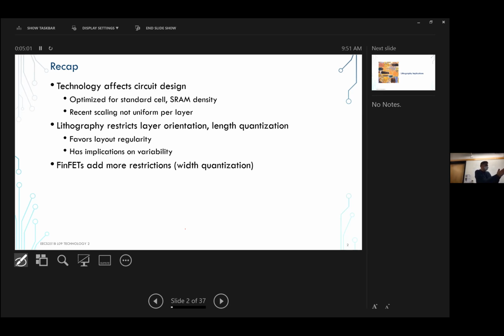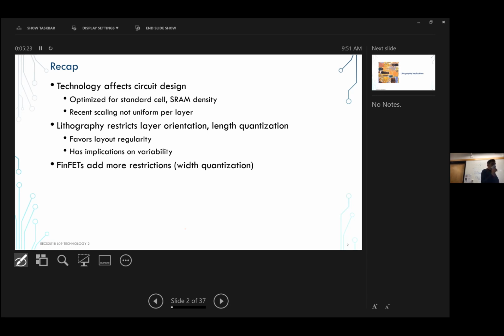So that means we have restricted pitches, restricted orientations, and many other rules that go along with that. There are some interesting implications I'm going to be hinting at that are affecting variability.